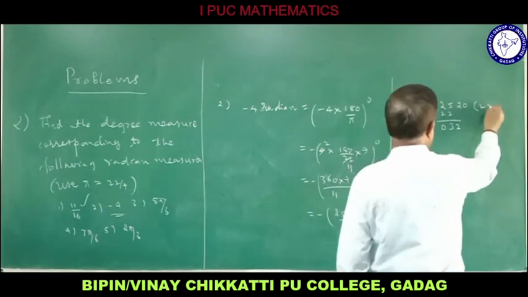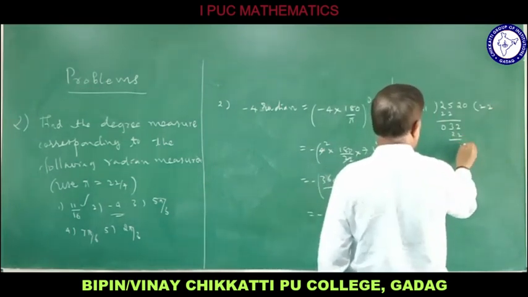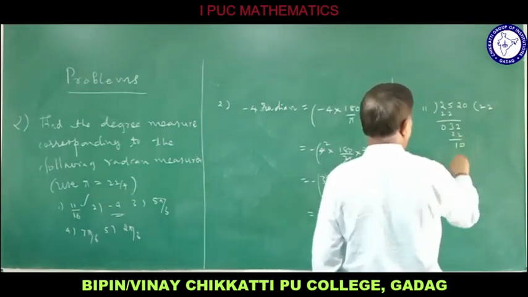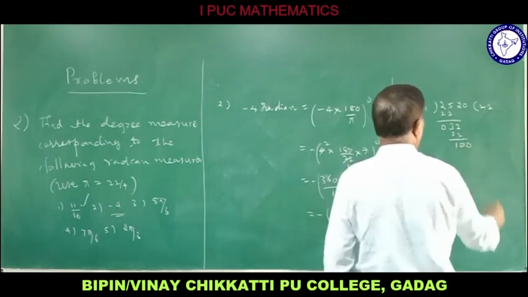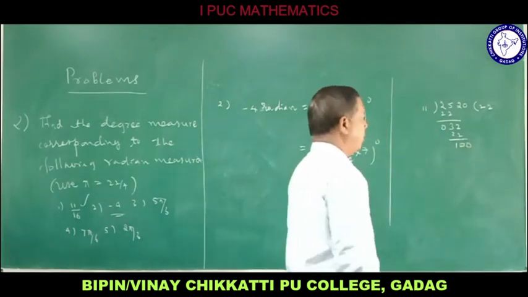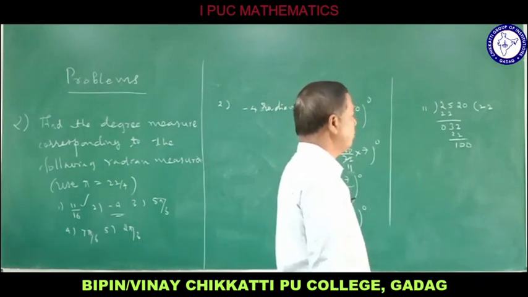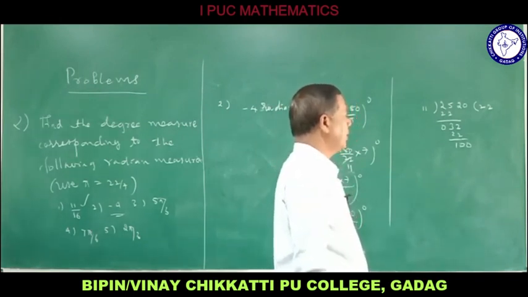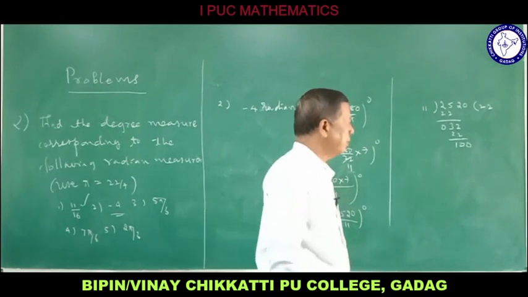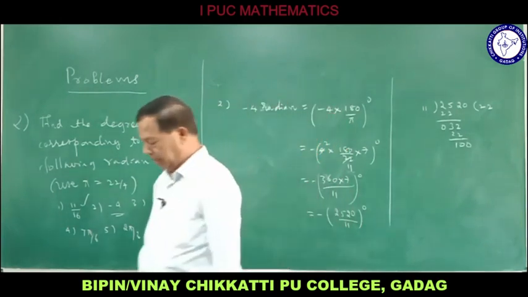Again 11 2s are 22. So how much? 10. And again you have got 100, because 33 is not there, so you will get 10 less than 100.